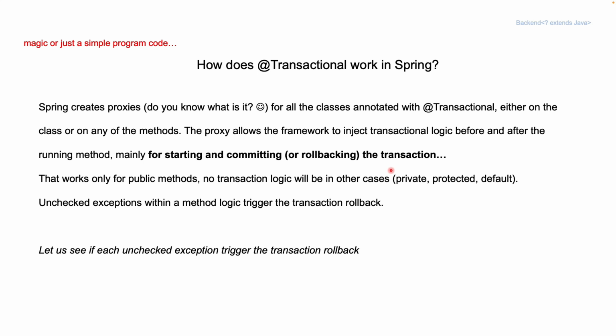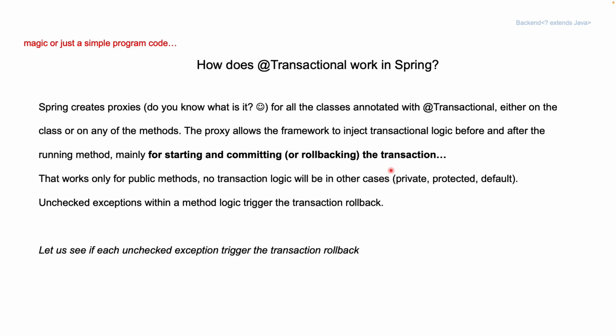When I say proxy, I mean the proxy pattern. In the proxy pattern, we have a source class, and for this source class, we create a wrapper class. In the wrapper class, the source class is used, and we also add additional logic for this source class. Also in computer science, we have the wrapper pattern.